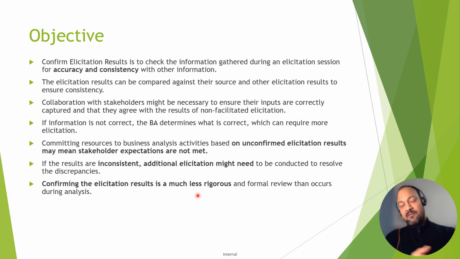If there is some deviation, discrepancy or variance, then of course you have to make sure that information is correctly captured and exactly matching the source information. So that's why it's not much effort, but it's less rigorous; you are not doing it iteratively, but one or two iterations could be there if there is any discrepancy.